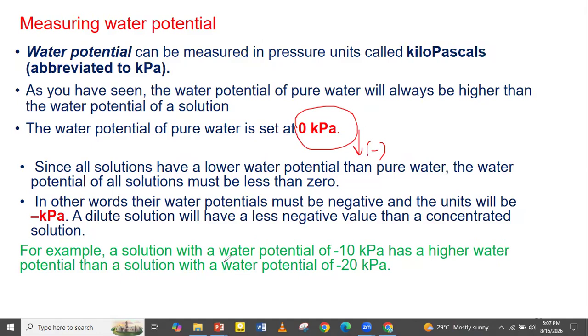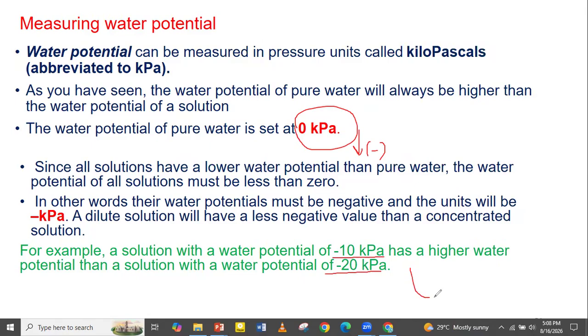An example: if a solution has a water potential of -10, and you compare it with a solution of -20, you can see negative 10 is closer to 0 than negative 20. So the solution of negative 10 has a higher water potential than the solution of negative 20.